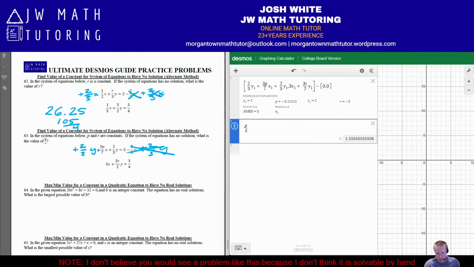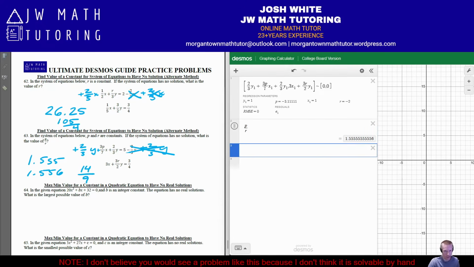Well, it looks like it's 1.5 repeating, or as a fraction, 14/9. So the way you would write this, if you had this question on an official exam, you could truncate the decimal, which would be 1.555. You could also round the decimal, 1.556, or you could also, again, do the fractional form, which is 14/9.